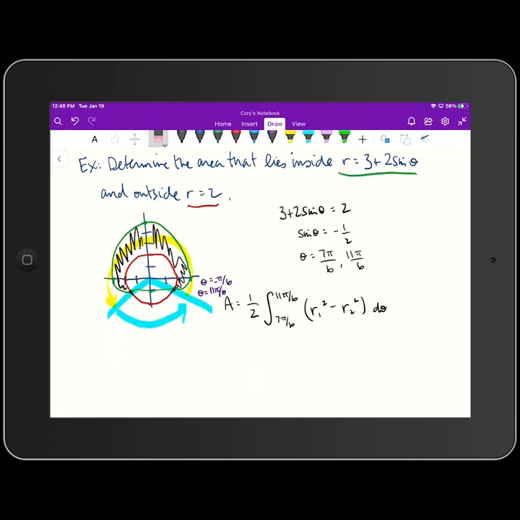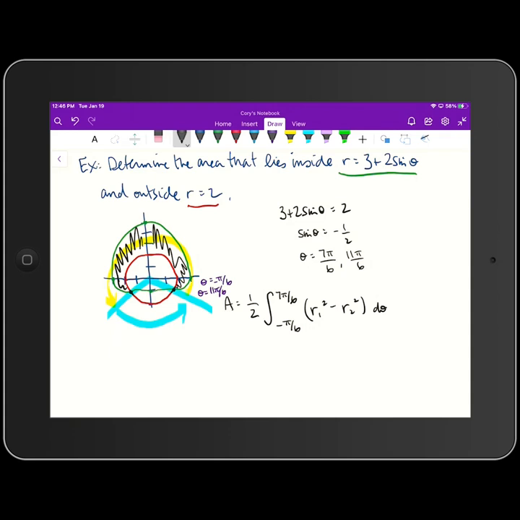So if we integrate from negative pi over 6 to 7 pi over 6, then the correct area is being swept out, because that's going to sweep out all of the stuff I have highlighted in yellow. So you have to be smart to make sure that your limits of integration are sweeping out the correct portion of the area.